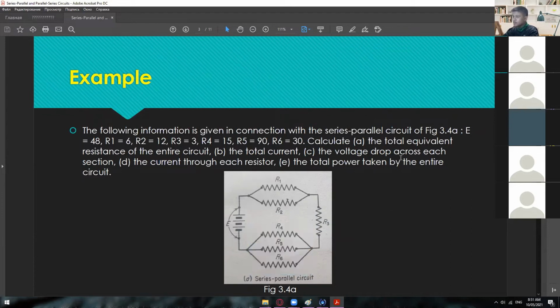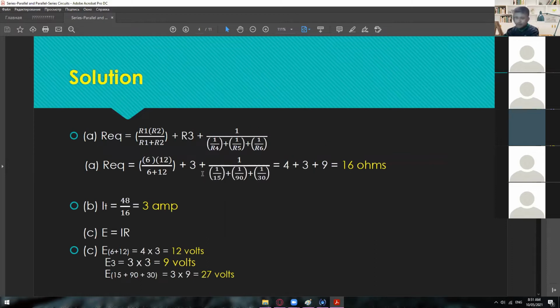Kapag sinabi dito, the voltage drop across each resistance, then that's the time that we have to get the individual voltage drop of those resistances. So you'll have an answer of 6 voltage drops, while if you say section, you're only going to have 3 answers. So 3 sections.